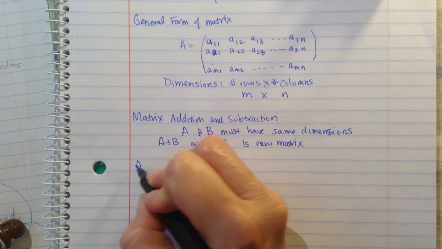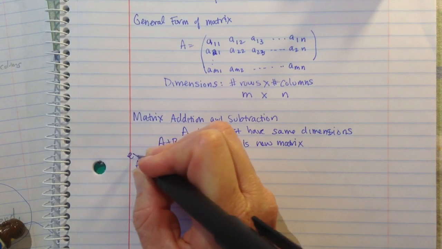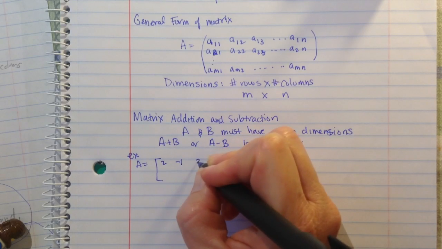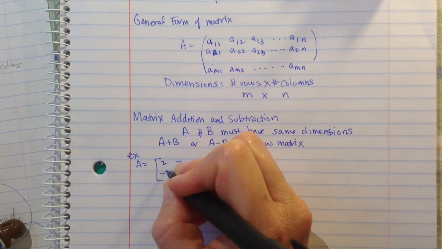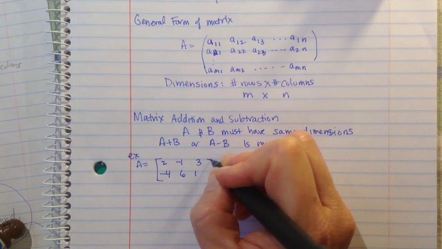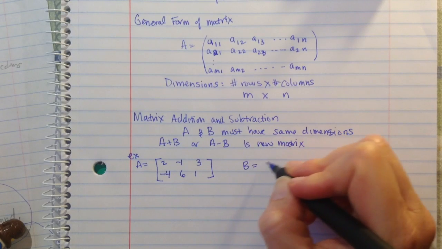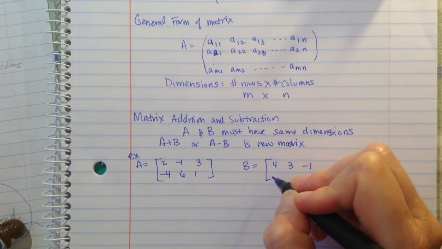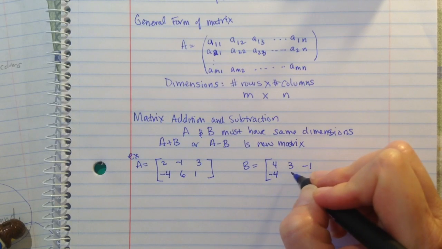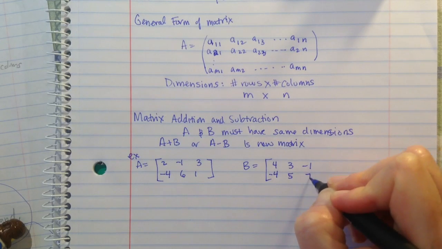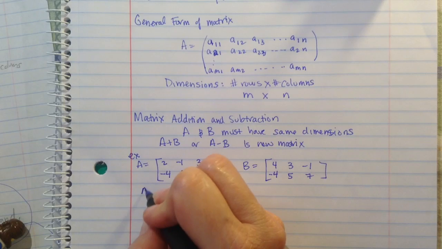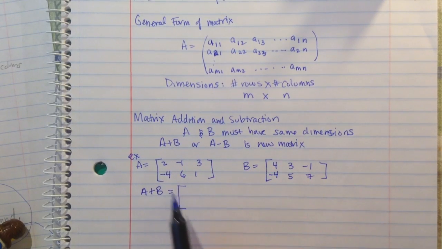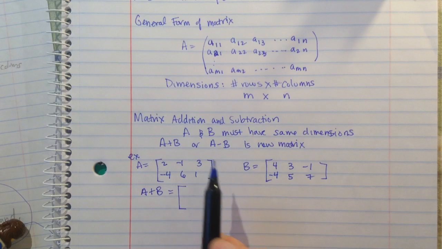So for example, let's say that A is the matrix 2, -1, 3, -4, 6, 1, and B is the matrix 4, 3, -1, -4, 5, 7. A plus B will be a new matrix where all I do is add corresponding entries.